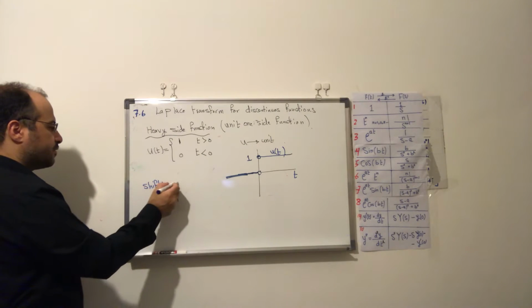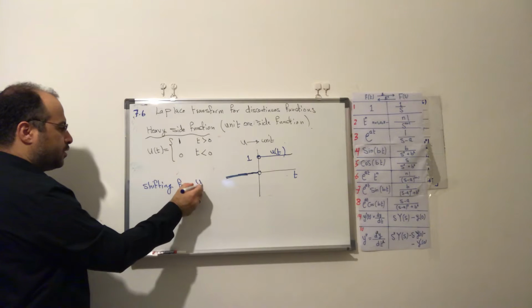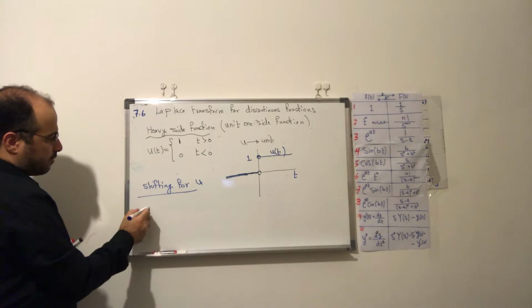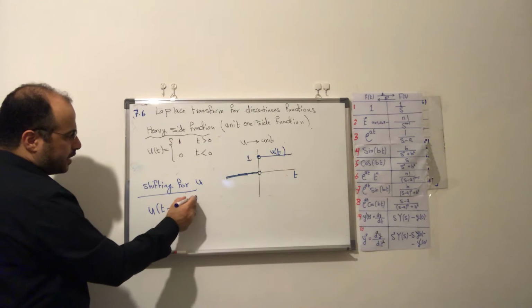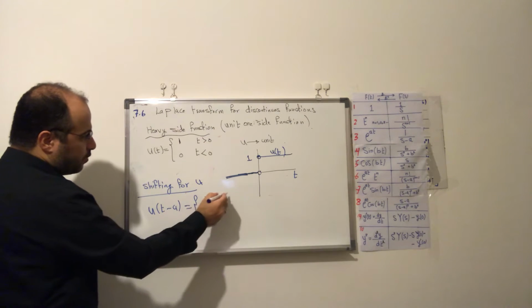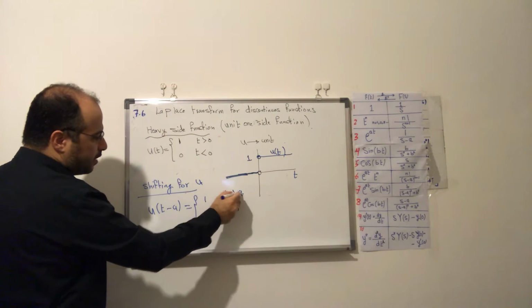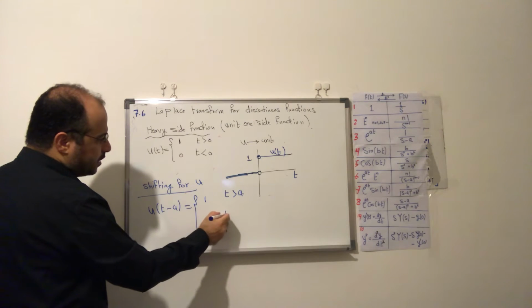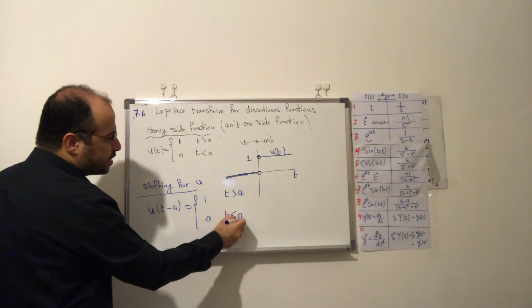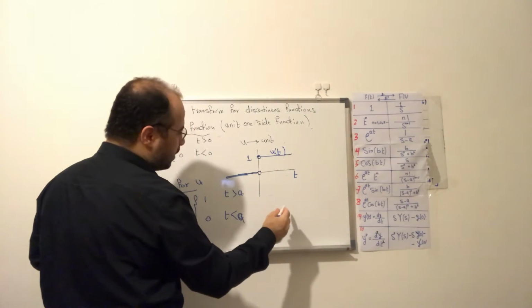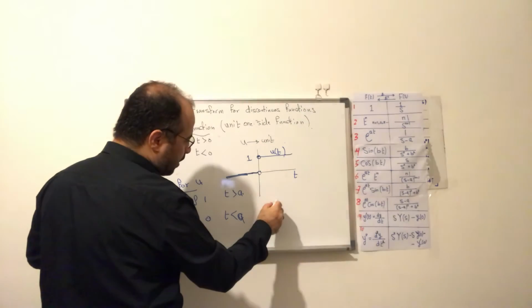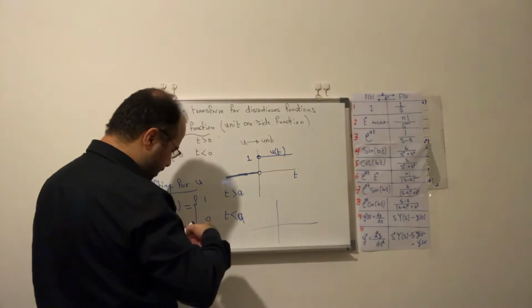With shifting for u, you will have something like u of t minus a, right? This is 1 when t is greater than a, and 0 when t is less than a. So what is the difference between this and the Heaviside function? Let me show you.